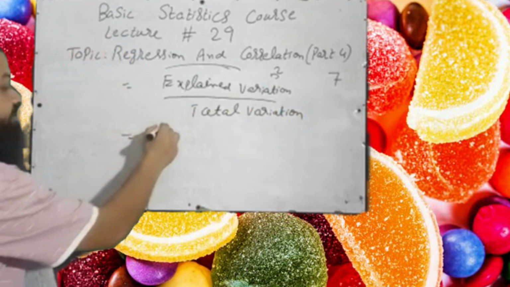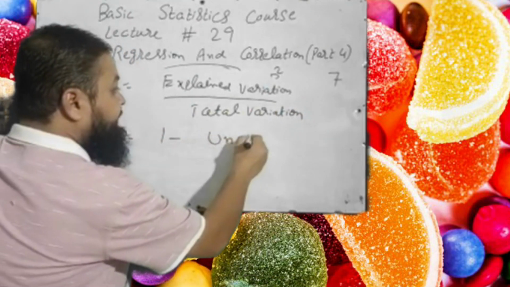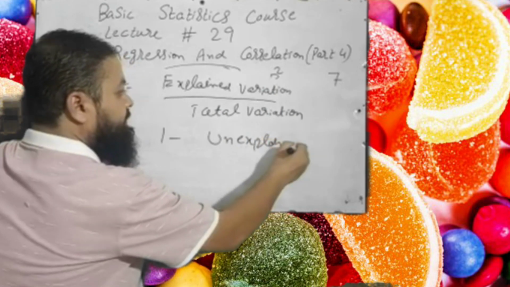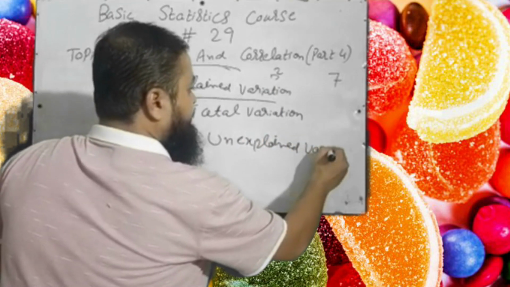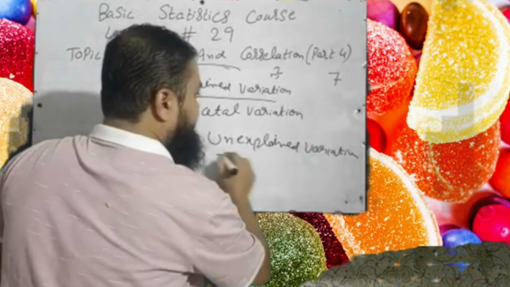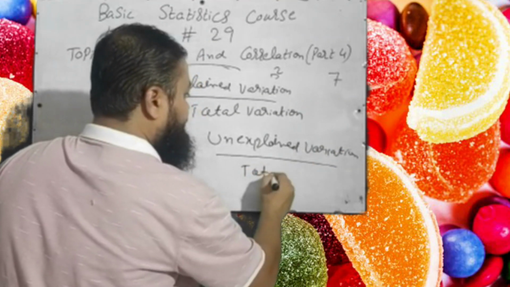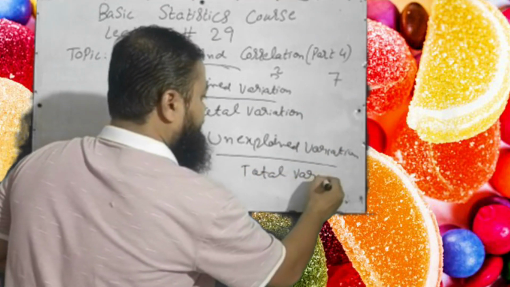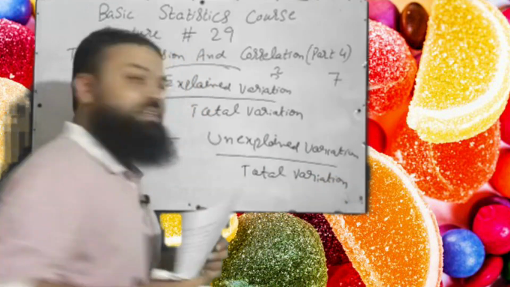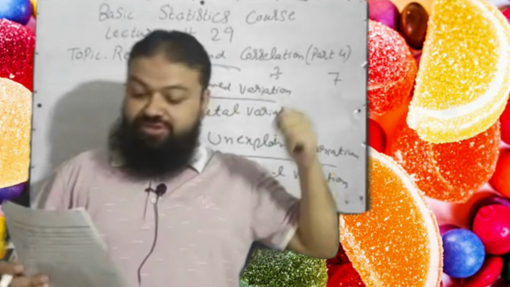And it can also be written as 1 minus unexplained variation divided by total variation. These both are correct, a very important one.